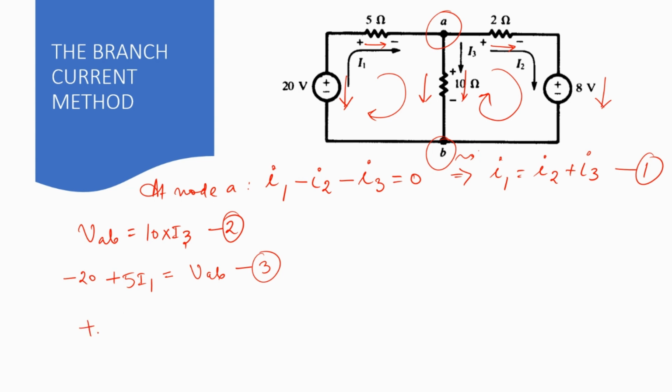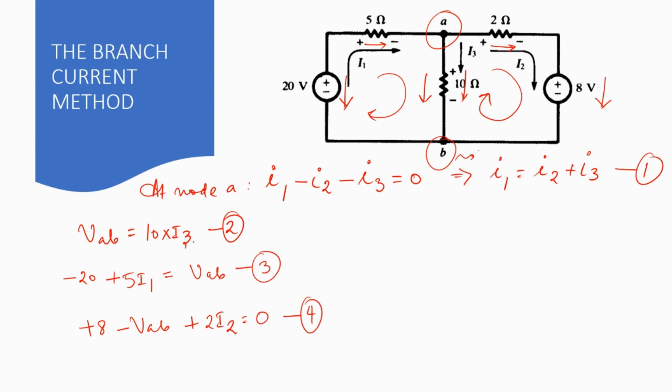So I can say plus 8, the direction of the arrow here and the drop across AB is opposing, so minus VAB and plus 2I2 is equal to 0. So this becomes my fourth equation.